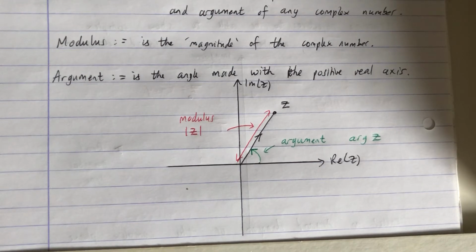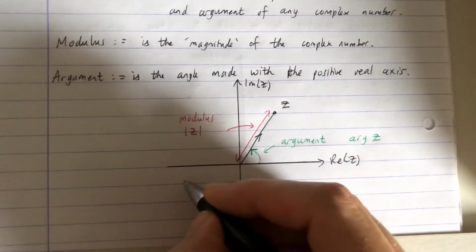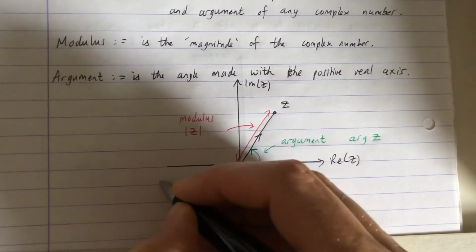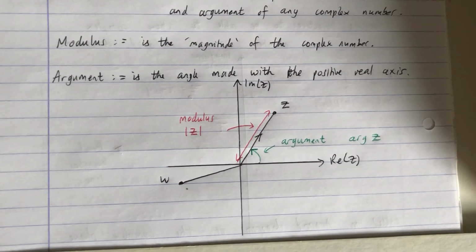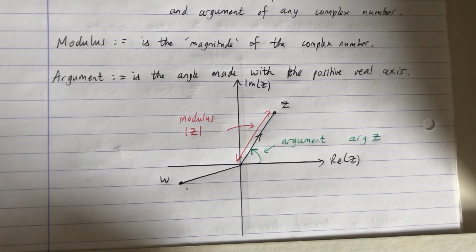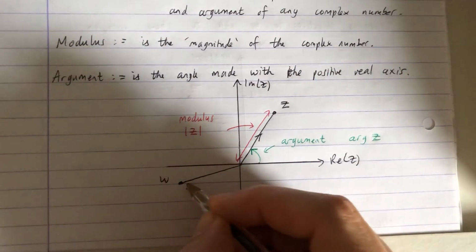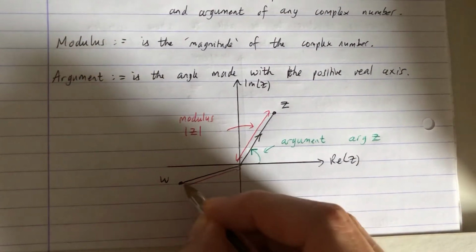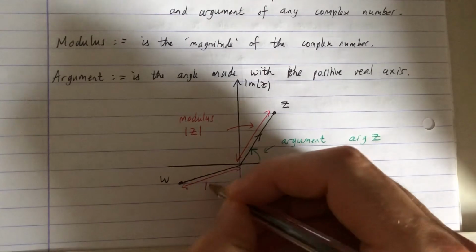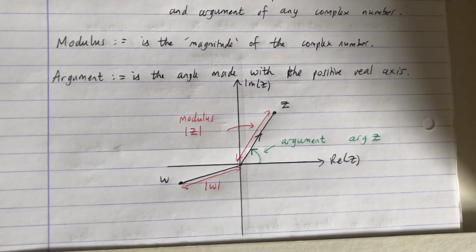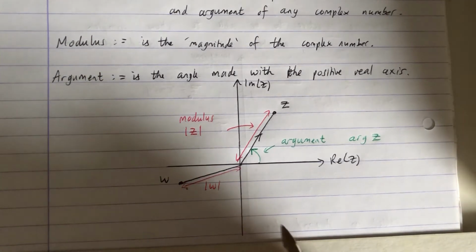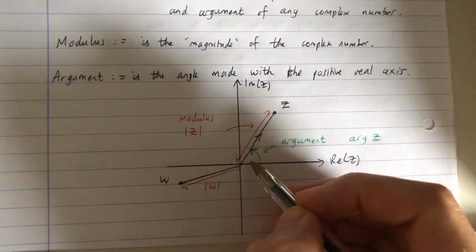Now let's draw another complex number. Let's just pick one in this quadrant, call that w. Now for w we have, again, the modulus is the length or the magnitude, and the angle made with the positive real axis is called the argument, and you've got two options.